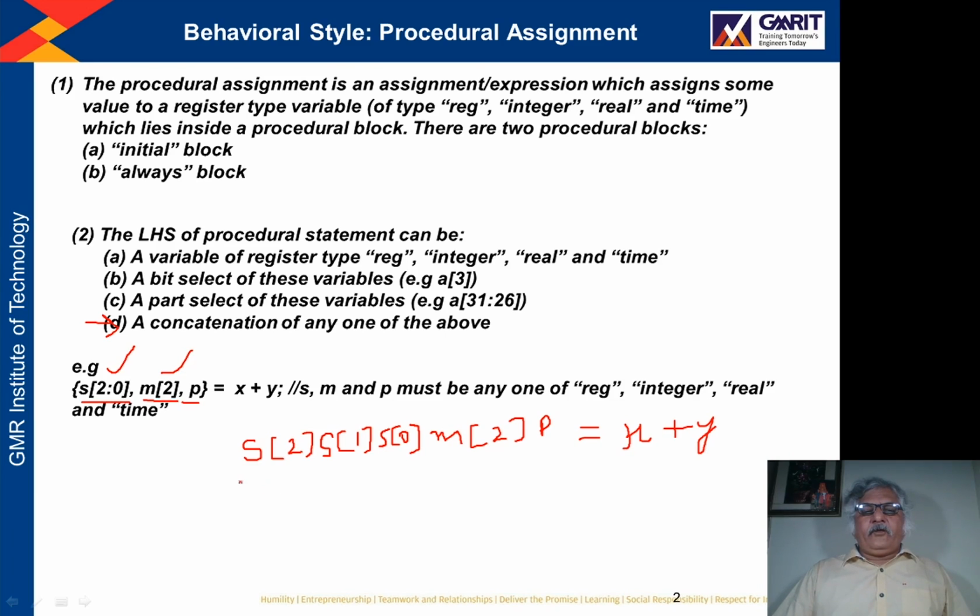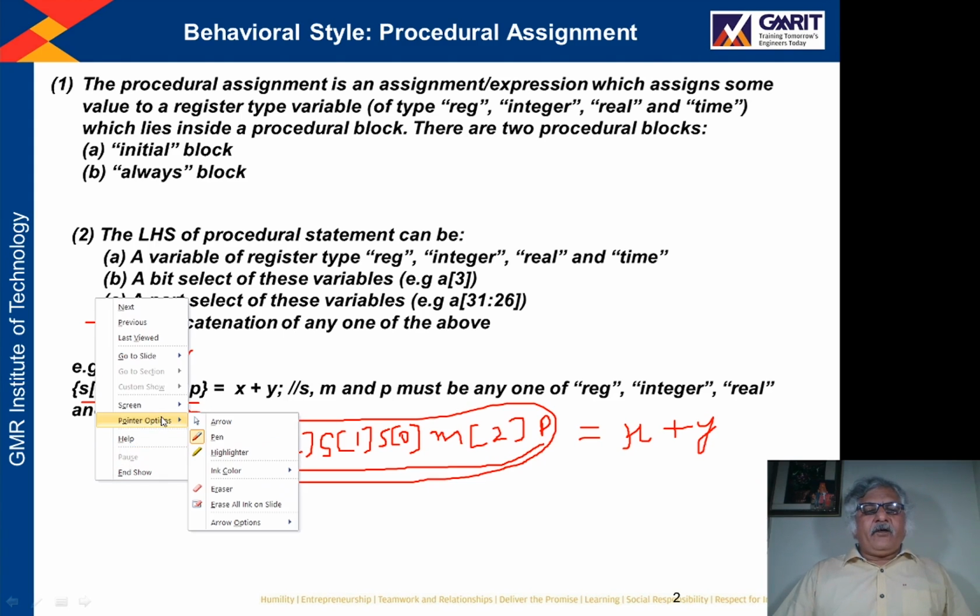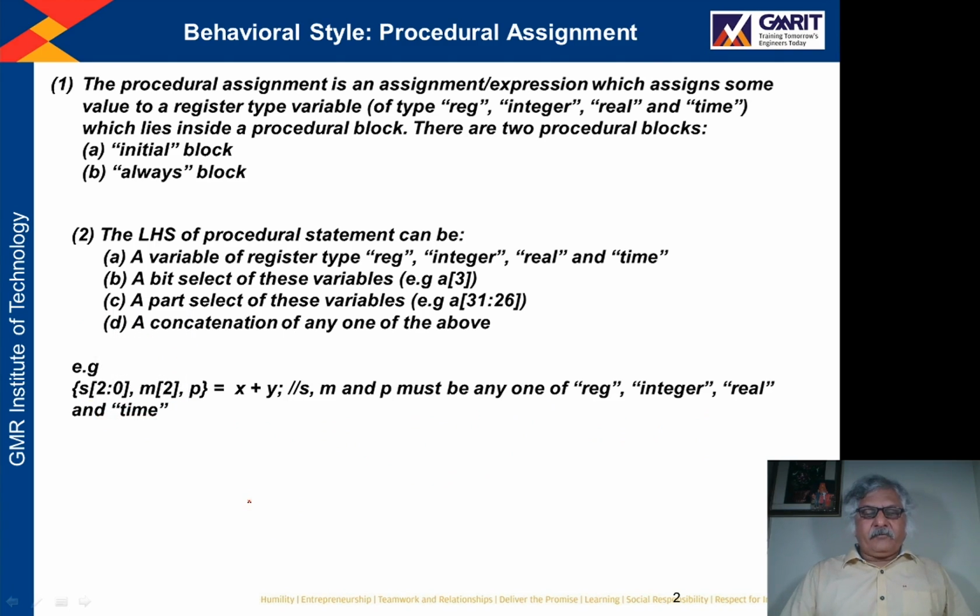So in the left hand side now how many elements in total do we have? 1 2 3 4 5, total 5 elements we have, and these elements we got due to the concatenation. So this concatenation is also allowed in the left hand side of this expression.